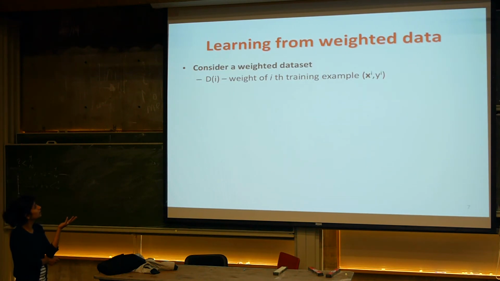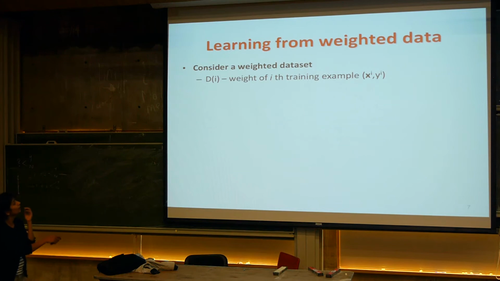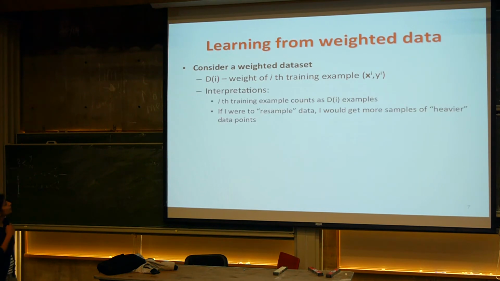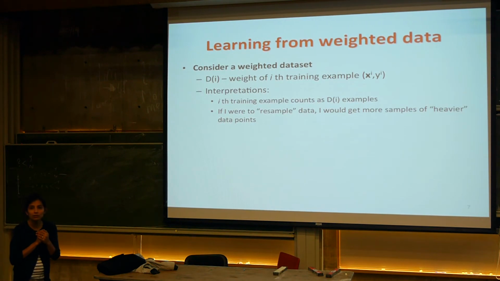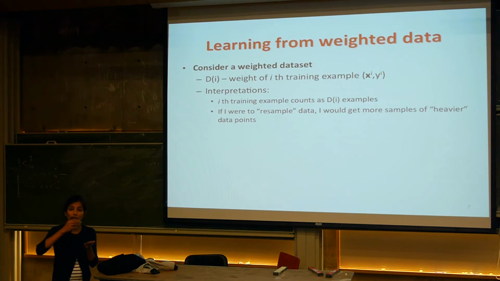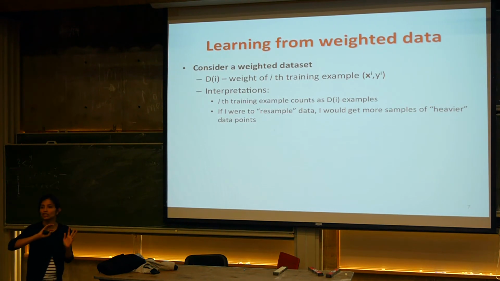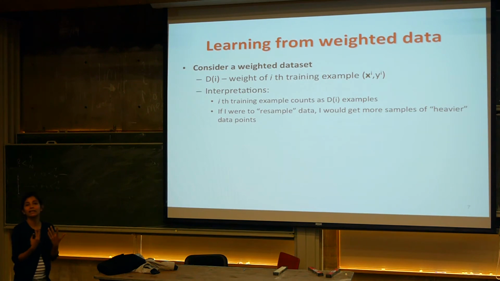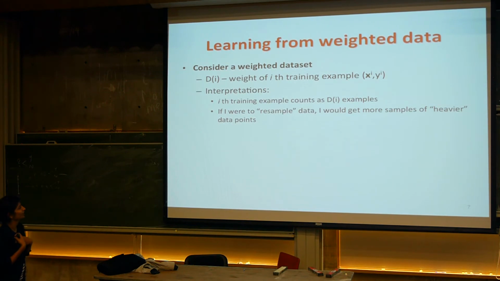So here's what it means. Consider d_i is the weight of the ith training example. Then one way to interpret it is that the ith training example is not one training example, but it sort of counts as d_i examples. It's as if you took that example and replicated it many times. Of course, your weights can be fractional, and then you're talking about having replicated it fractionally in some sense.